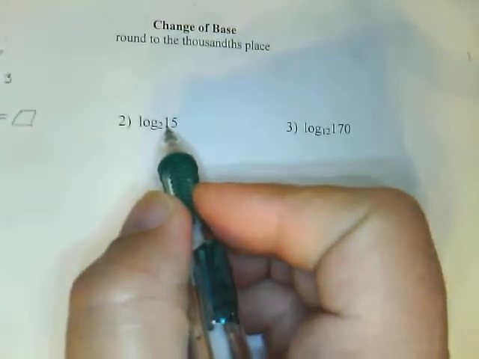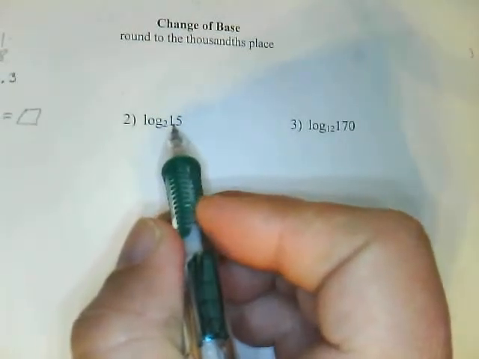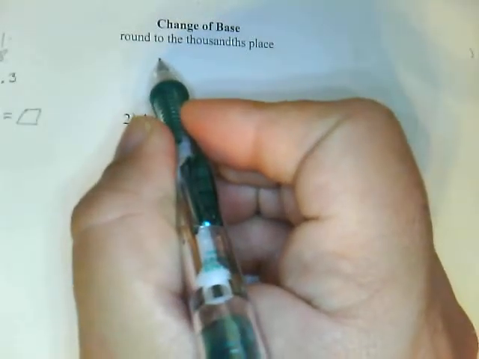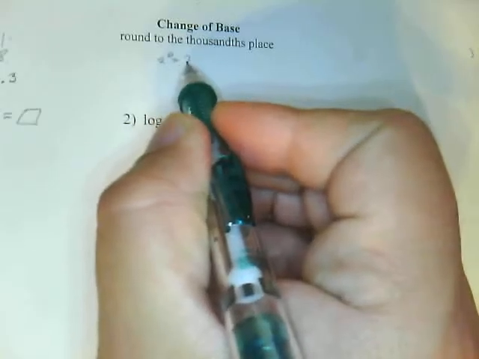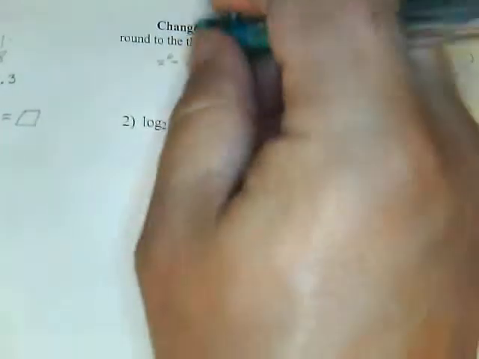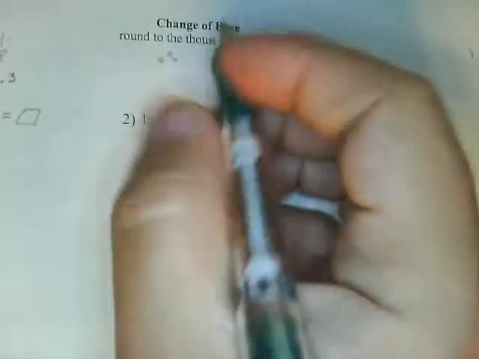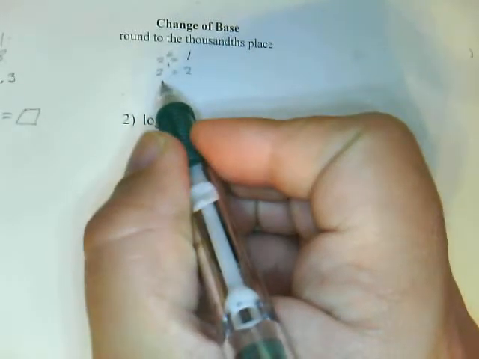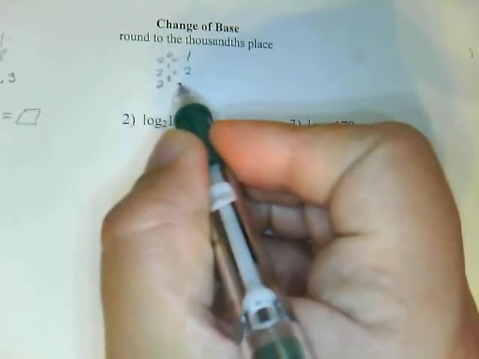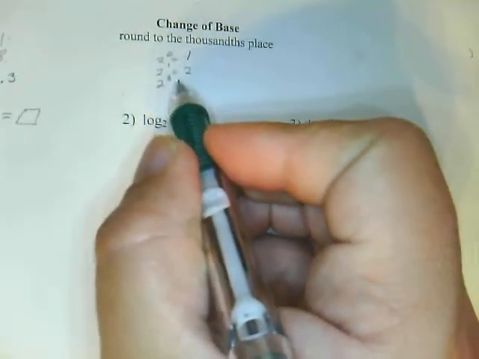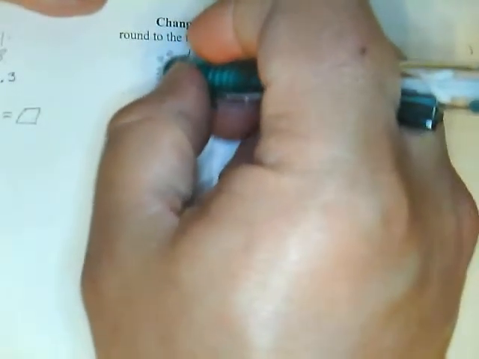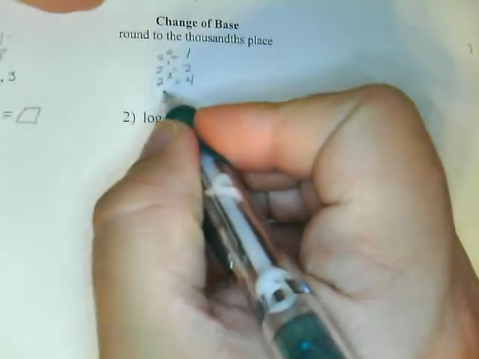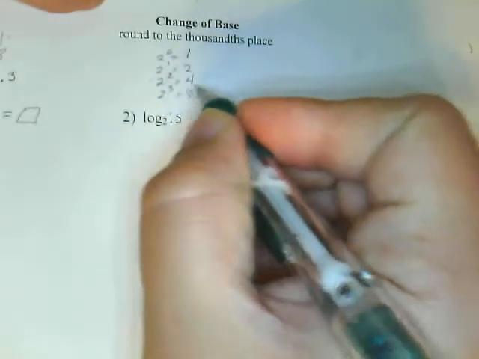Like, for example, this one. We're looking for a number that 2 to the something power will give me 15. Well, I know that 2 to the 0 power gives me 1. 2 to the first power will give me 2. 2 squared is 4. 2 to the third power is 8.